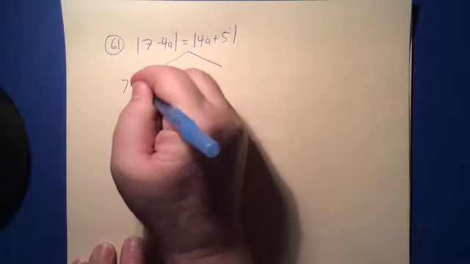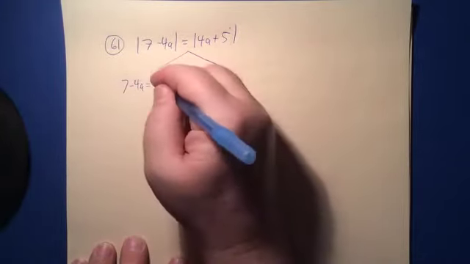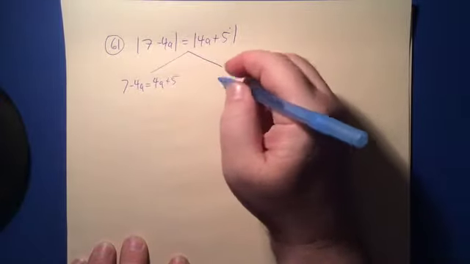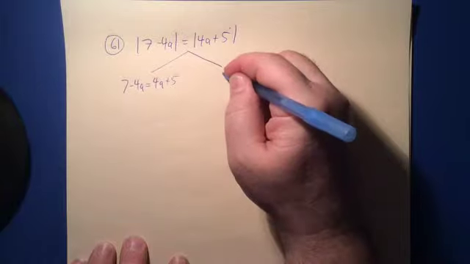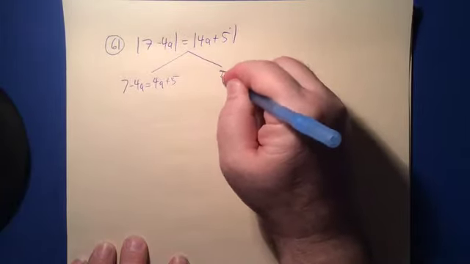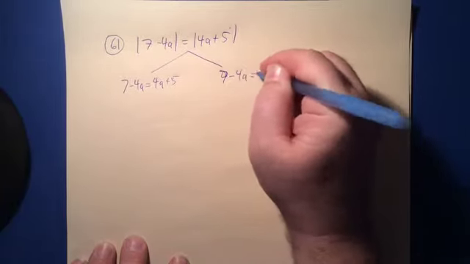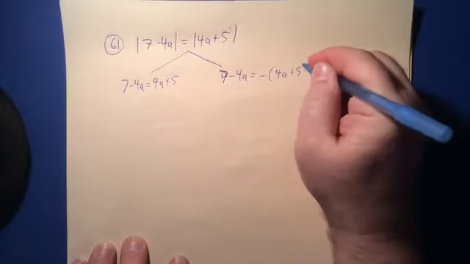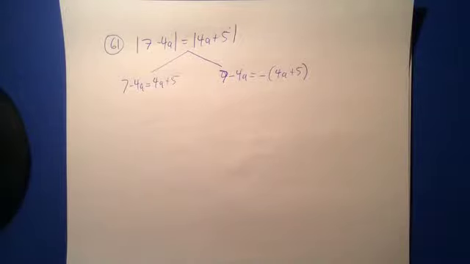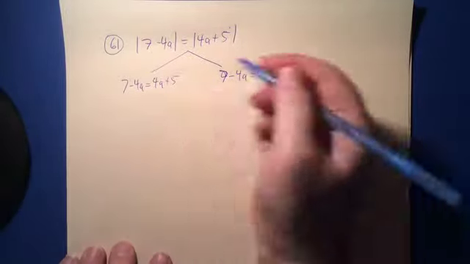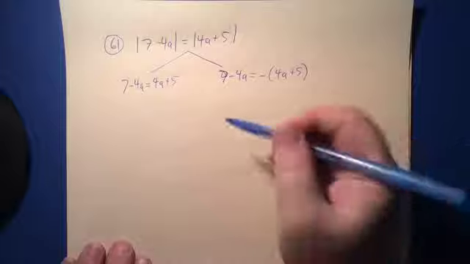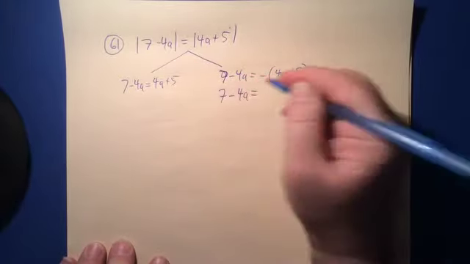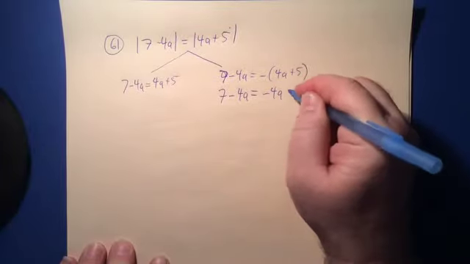So I'm going to write this as 7 minus 4a is equal to 4a plus 5. And I can write this here as 7 minus 4a equals the negation of this, negative 4a plus 5. Over here, let's simplify this first. So I'm going to get 7 minus 4a is equal to negative 4a plus 5.